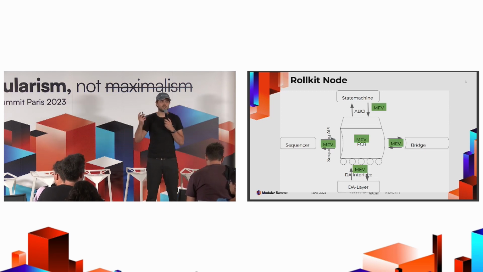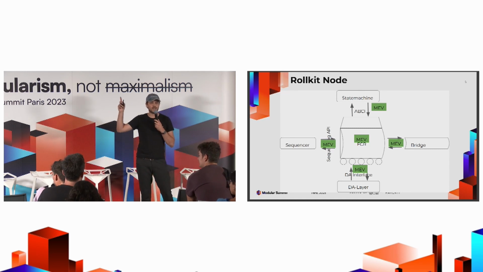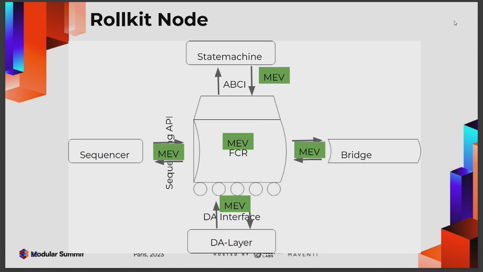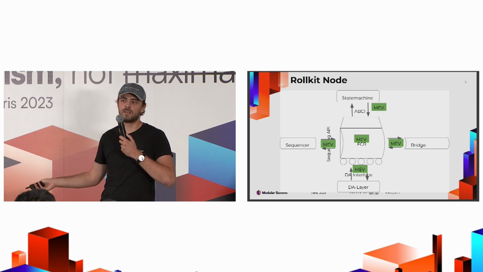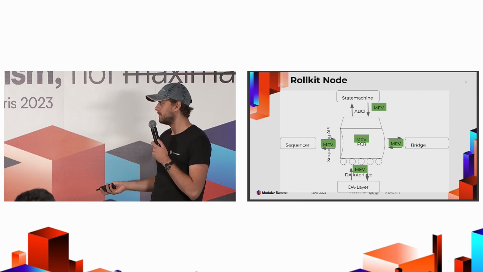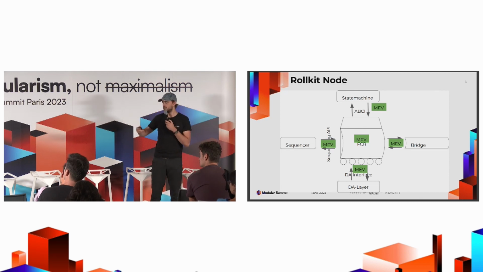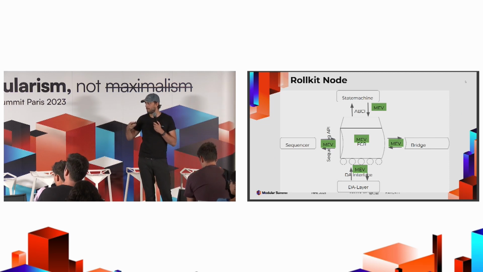And the exciting part here, why I love working on this, is because every single part is influencing MEV, extracting MEV, or giving back MEV to the community. So this is a highly complicated and nuanced topic that you have to deal with. So I encourage everyone to dive more into this research and to see how you can contribute going forward.